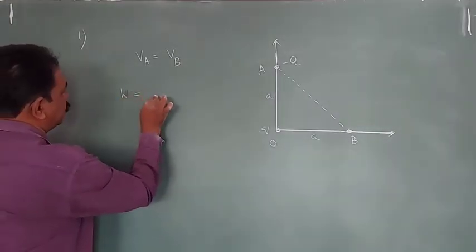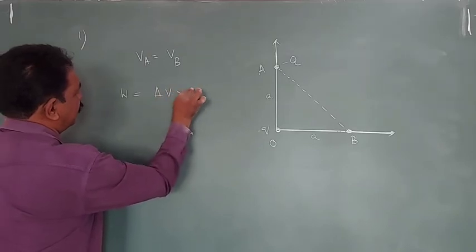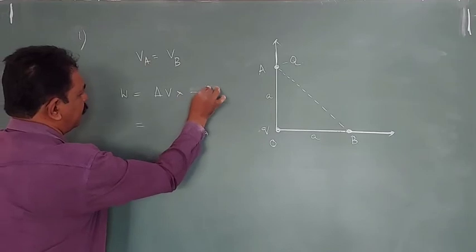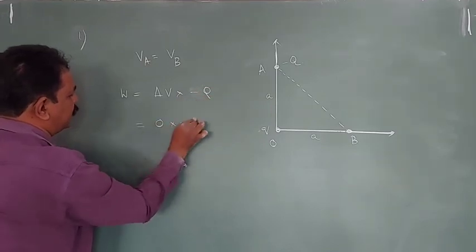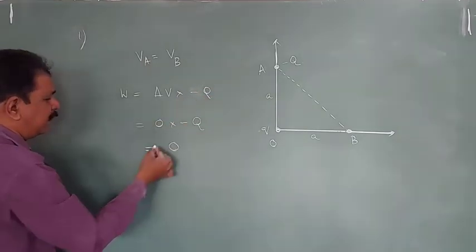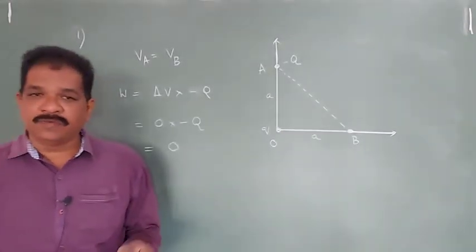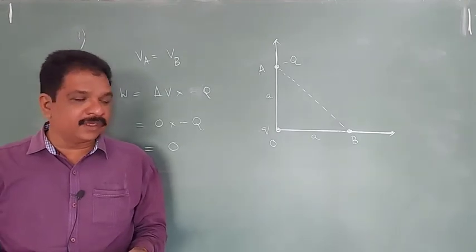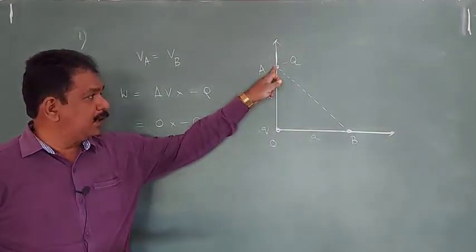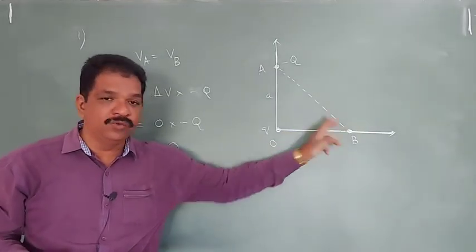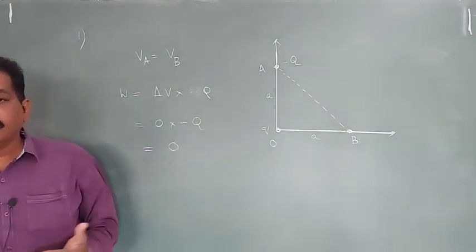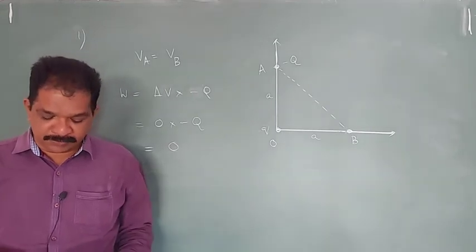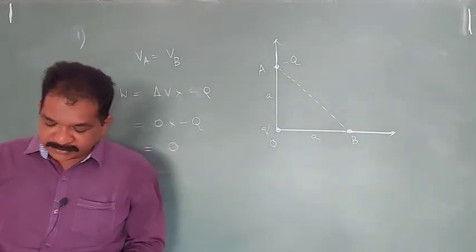W is equal to potential difference into charge. This charge will be minus Q. Potential difference will be 0 into minus Q. So work done value will be equal to 0. So no work is required to move this minus Q from A to B. Why? Because A and B will be at the same potential. Simple question. Next, second question you see.